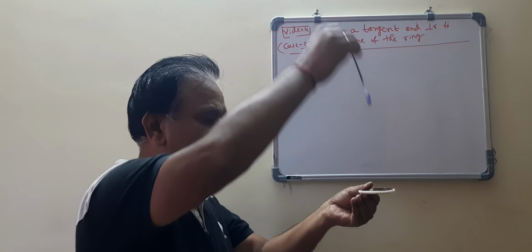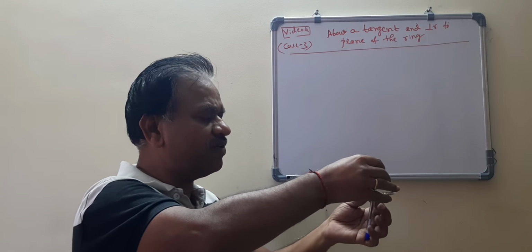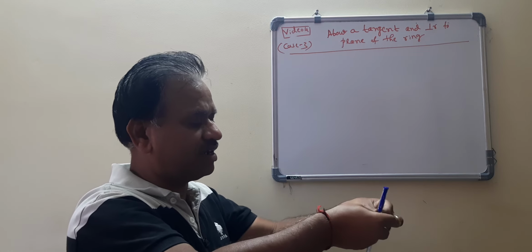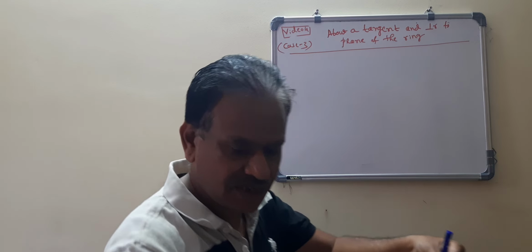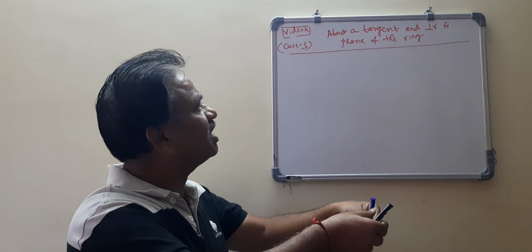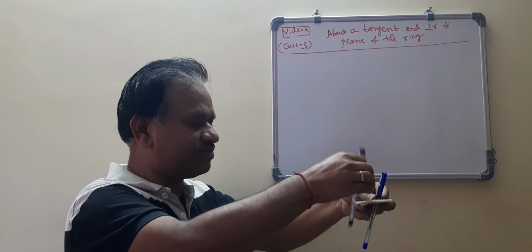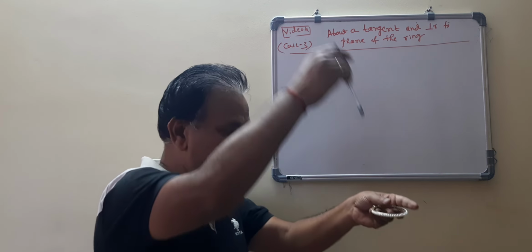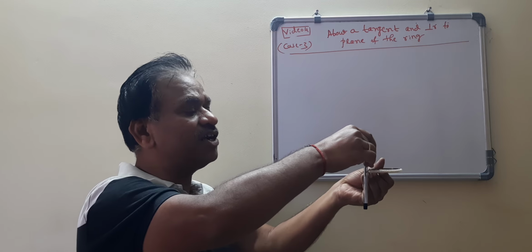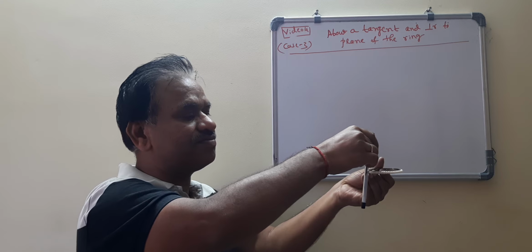This is the axis passing through the center of gravity. The next, it is perpendicular to its plane about a tangent. This is the tangent, and it is perpendicular to its plane. It is like this.